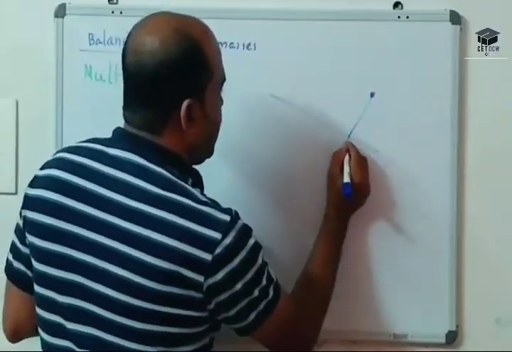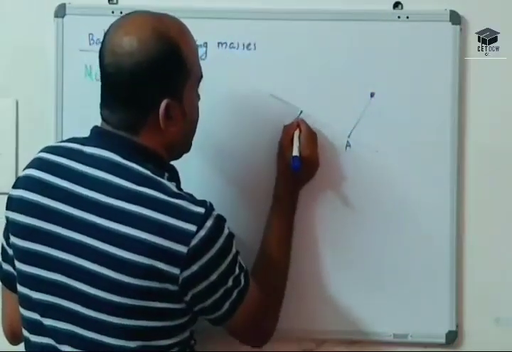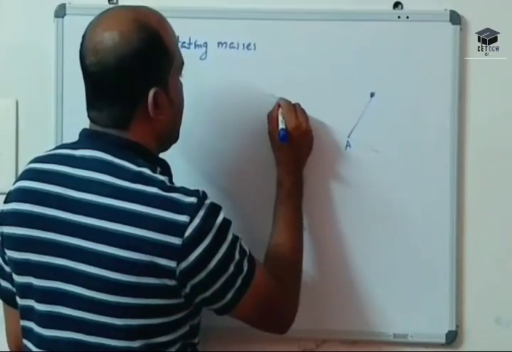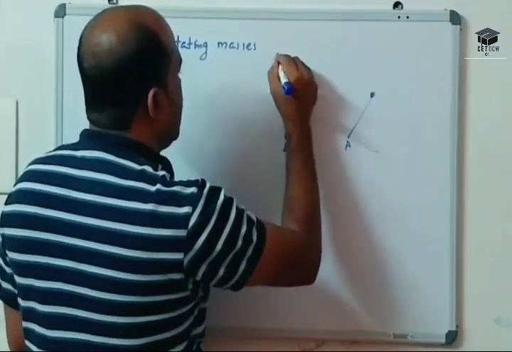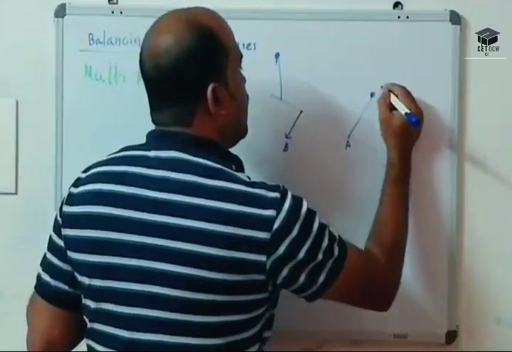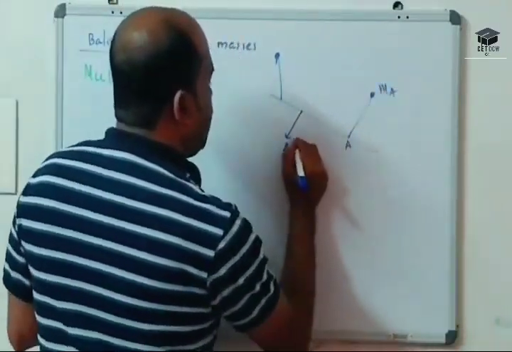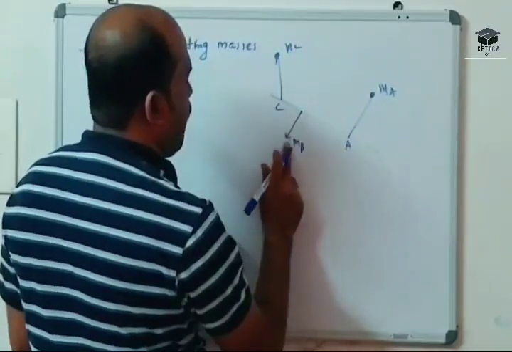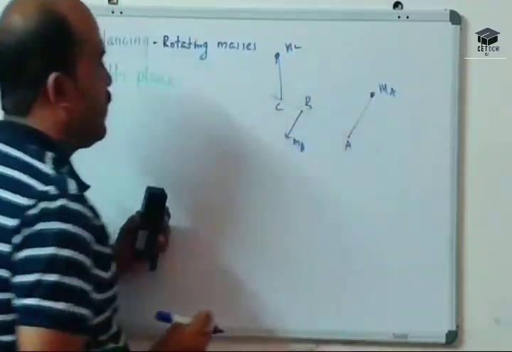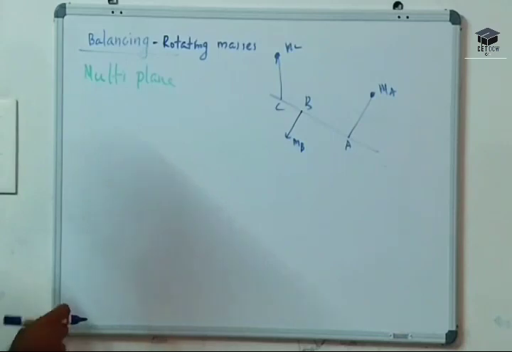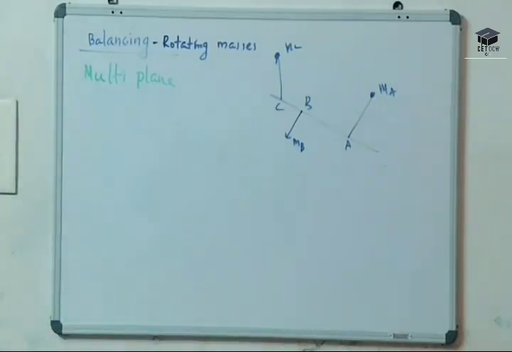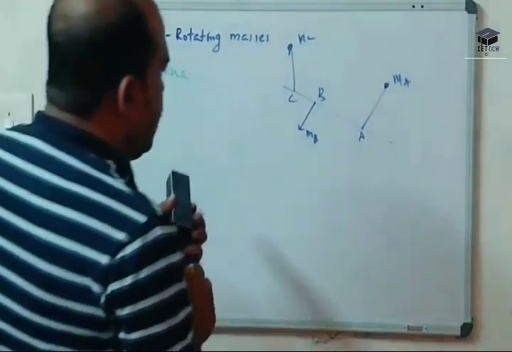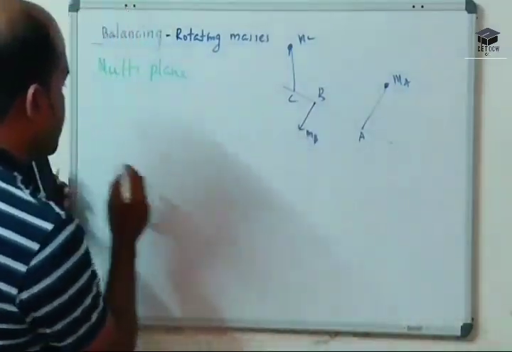There is one plane, say plane A, and some other plane, plane B, and a third plane, so mA, mB, mC. Here also you can draw the force polygon.